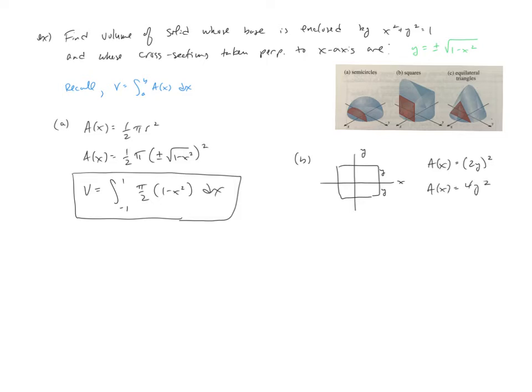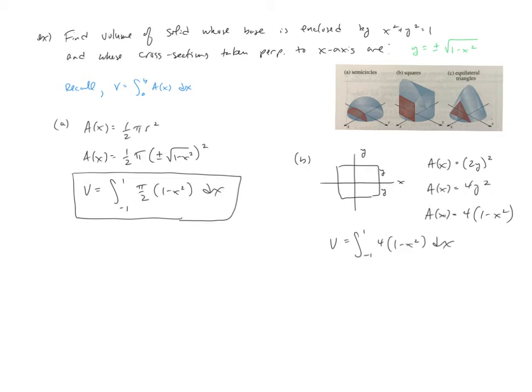which gives us 4y squared. In reality, this isn't truly a function of x if it's got a y there, so I would have to substitute that inside of it. So now we would have our true A of x being 4 times 1 minus x squared, just like the last one. So our volume is now going to be the integral from -1 to 1 of 4 times 1 minus x squared dx.